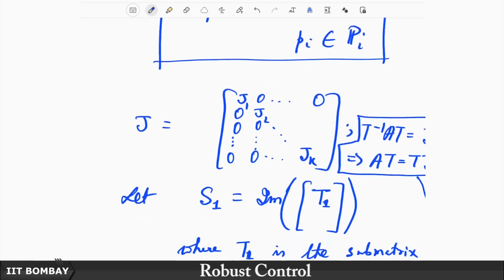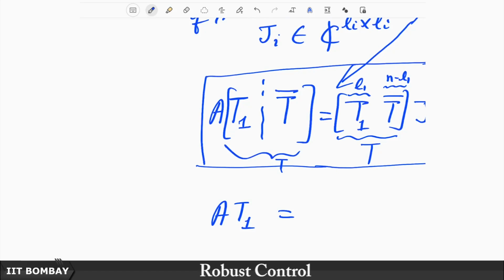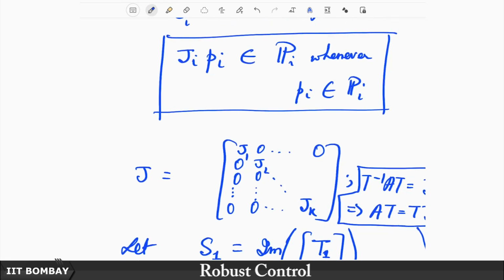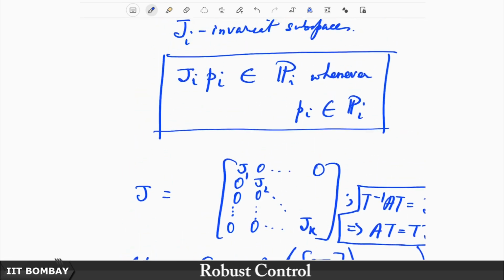You see, this is going to pluck out the first L1 columns of the matrix on the right hand side, it is going to pluck out T1 times J1. What does that mean? Why am I saying this? Because recall, with this block matrix you can treat this like the usual matrix, and if you look at the multiplication here, right.